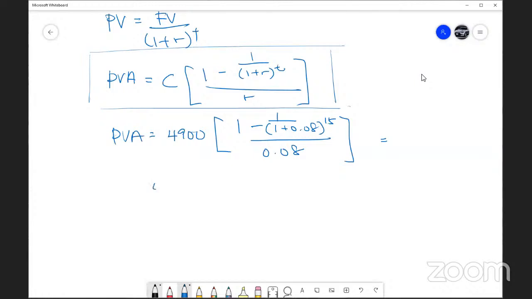You key in 4,900 as PMT, 0 for future value, interest rate 8%, and 15 for N. Then compute PV.